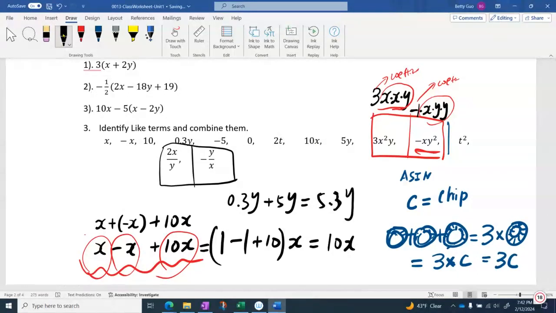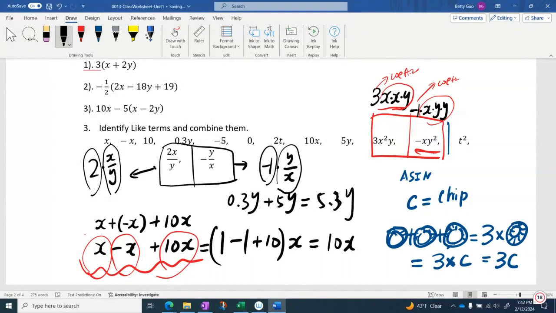The first one can be written as 2 times x over y. And this one can be written as -1 times y over x. 2 is the coefficient. x over y is the variable part. -1 is the coefficient. y over x is the variable part.